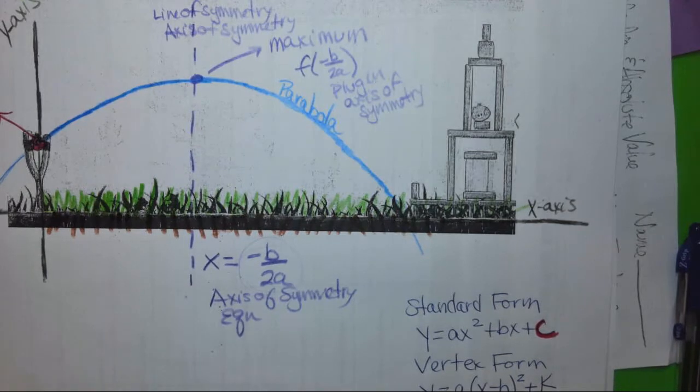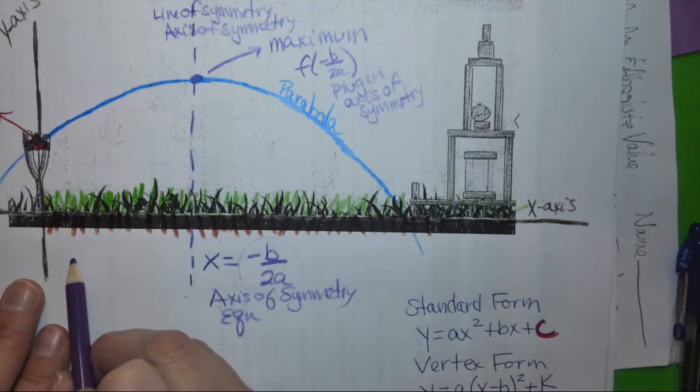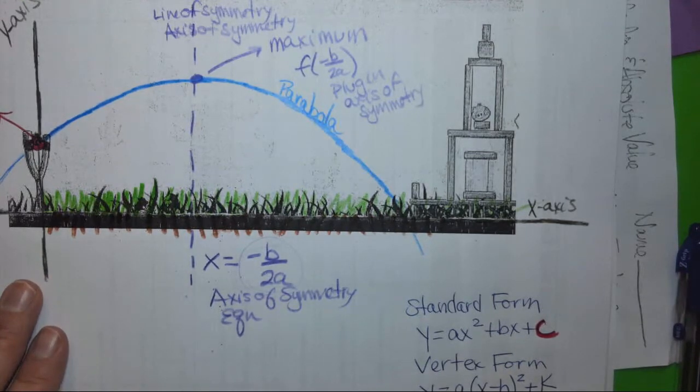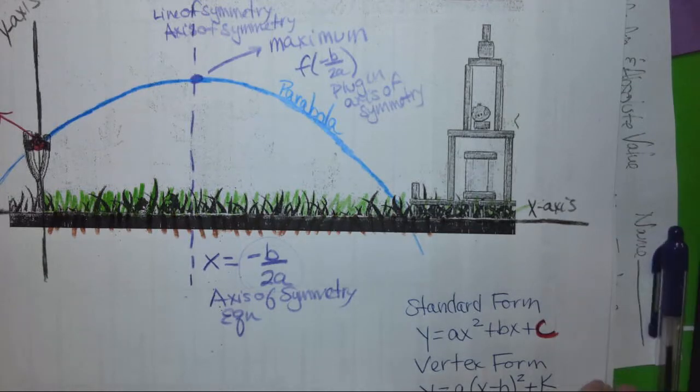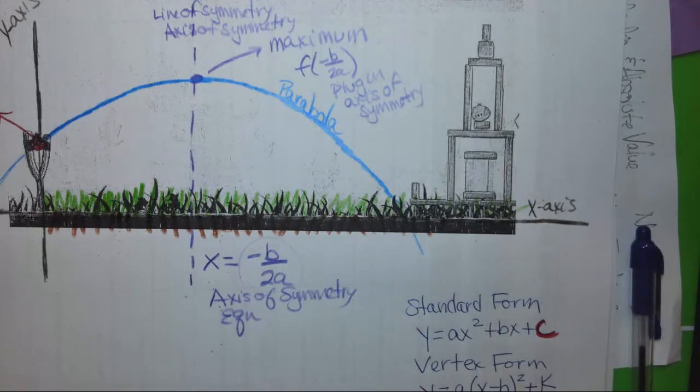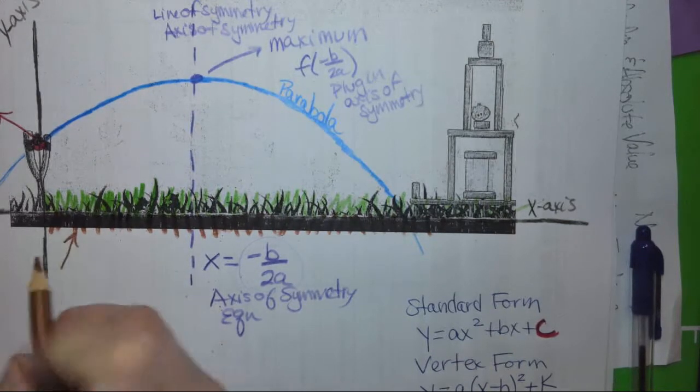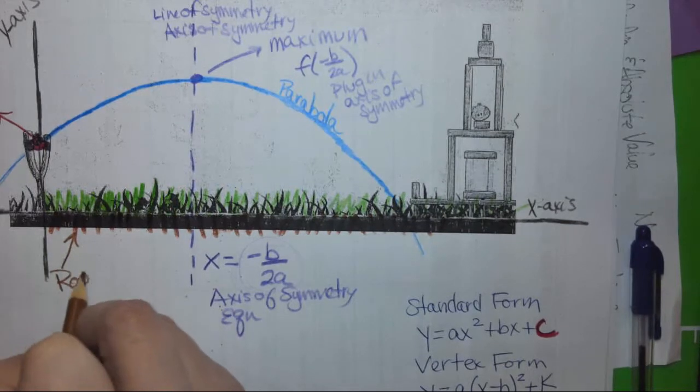Alright, now the last thing that we need to label in here are our roots. Now there are three different, actually maybe more than three, terms that we can use for this. So these guys are called roots.